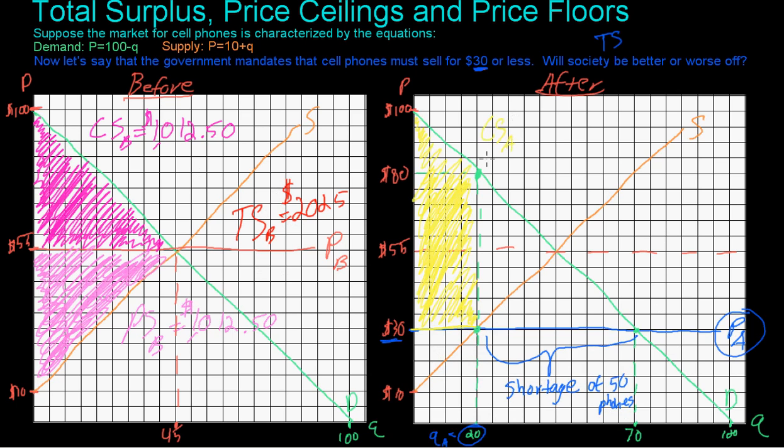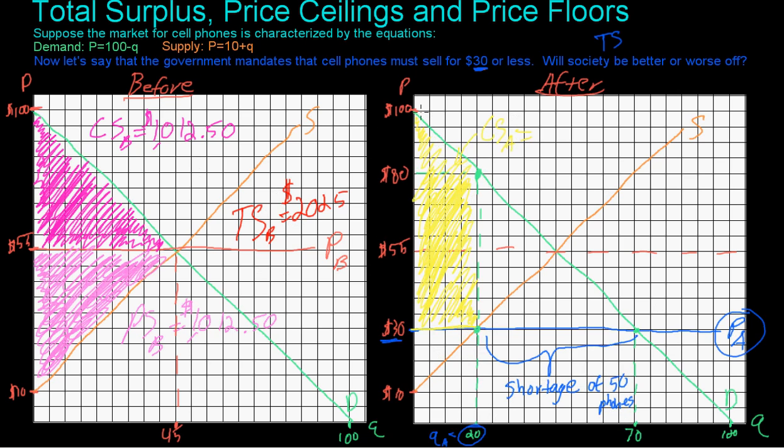So consumer surplus after is equal to this area, and I'm going to use a little geometry to find it. I'm going to split this up into this green triangle right here, and then the yellow rectangle, just because it's easier for me to figure it out that way.